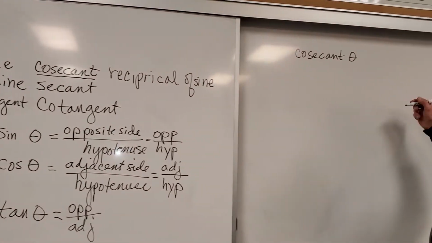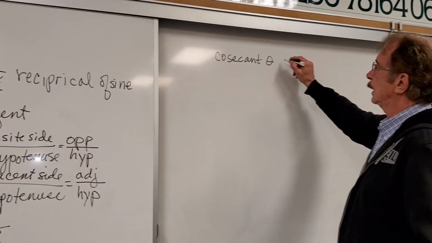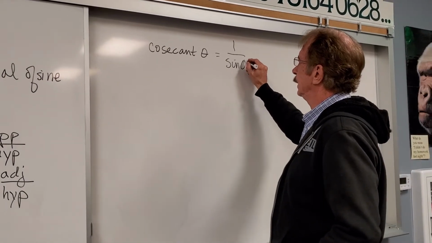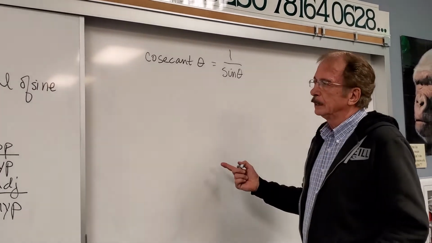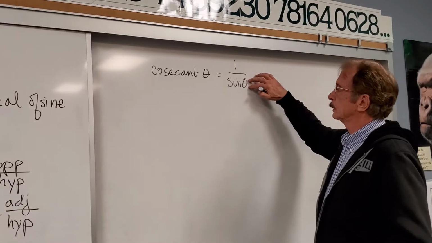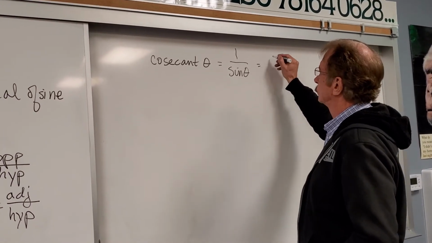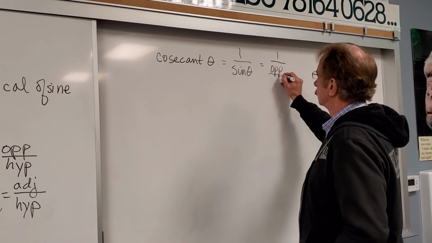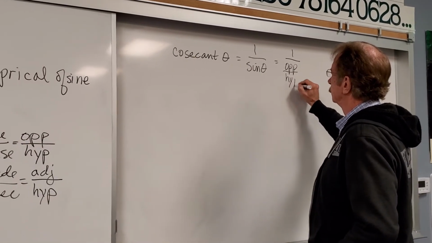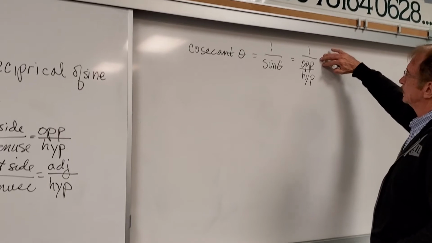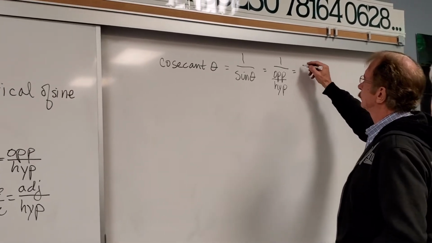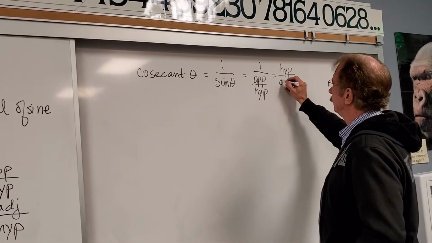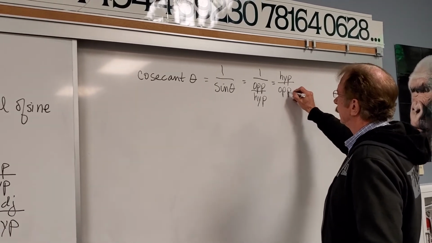Reciprocal of sine. So what does that mean? Well, it means I could say 1 over the sine of theta. But in the reciprocal, if I wrote 1 over opposite over hypotenuse, when I flip this over, it actually turns out to be the hypotenuse divided by the opposite side.